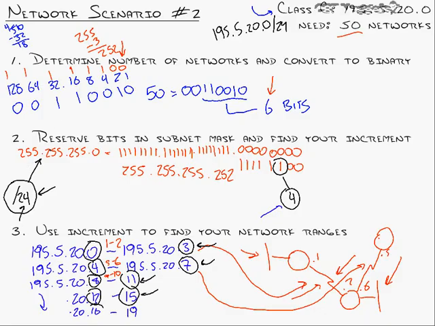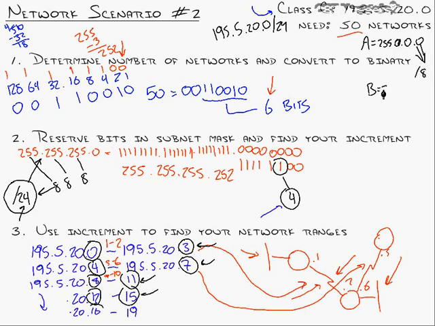Seriously, look at this. Class C subnet mask, 255.255.255.0. If you converted 255 to binary, how many ones is that? 8. Same thing here. 8. Same thing there. 8. So if I take all of those ones and add them up, 8 plus 8 plus 8 is 24. It's shorthand. So if I were to look at a Class A subnet mask, that's 255.0.0.0, that is abbreviated as a /8.